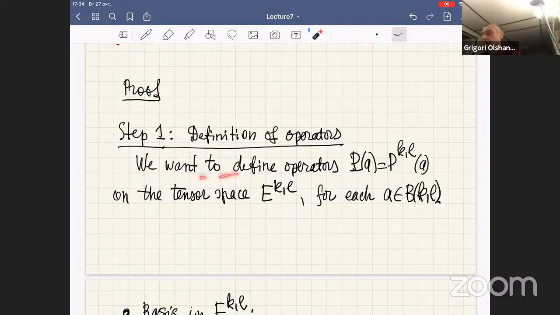We want to define operators, let's denote them as follows, the operators which correspond to given two elements of a Brouwer semigroup. So given a picture A, we want to assign to it a certain operator which acts on the space of mixed tensors. I want to explain now how to do this.